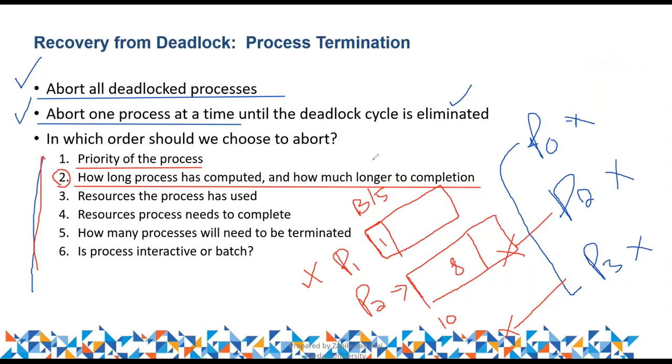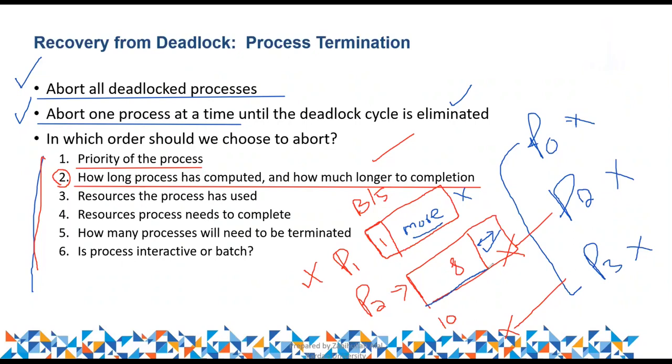The second, how much longer to completion? We can see, dear students, that here P1 requires more CPU burst time before it completes, so kill this one. P2 will require very little more CPU time to complete, so don't abort this because it has already processed for a long time.